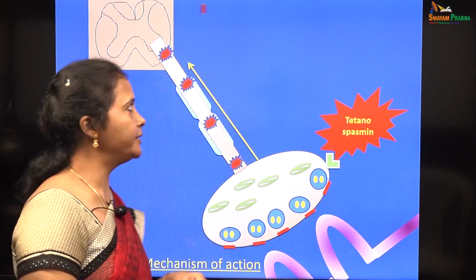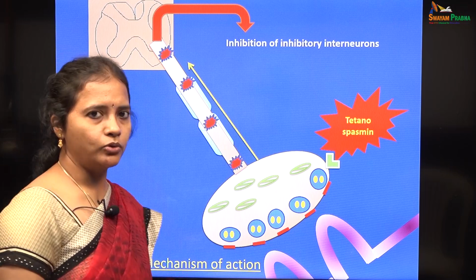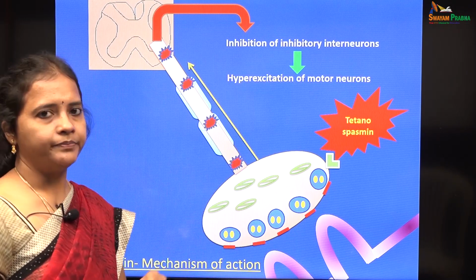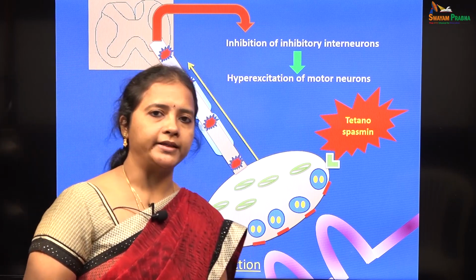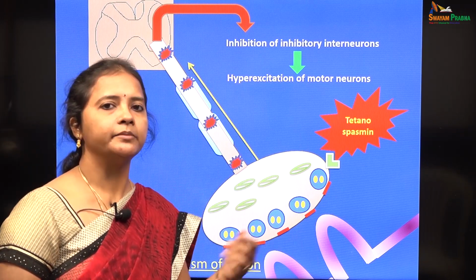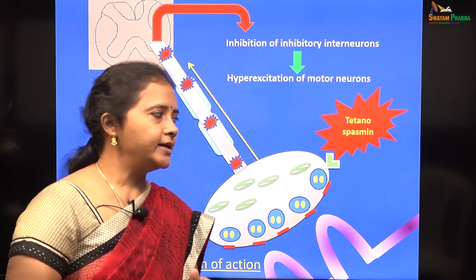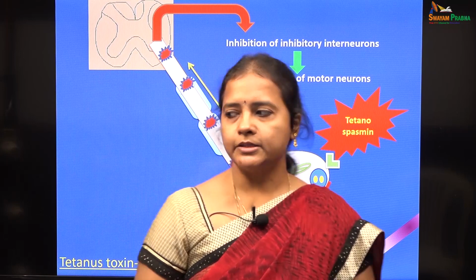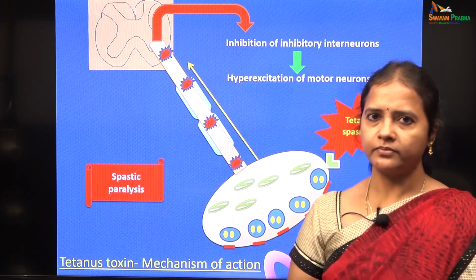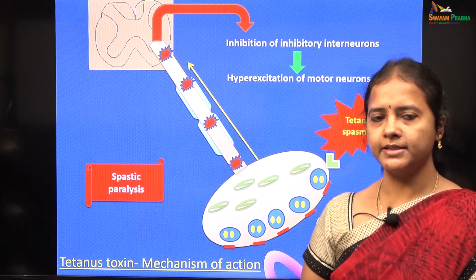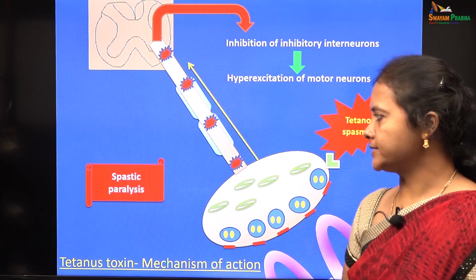Because of inhibition of the inhibitory interneurons, the alpha motor neurons become hyperexcited. Therefore, the motor neuron activity cannot be inhibited by the inhibitory interneurons, leading to hyperactivity of the muscles and a state of spastic paralysis.